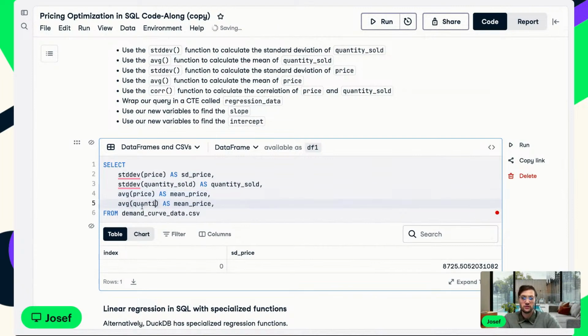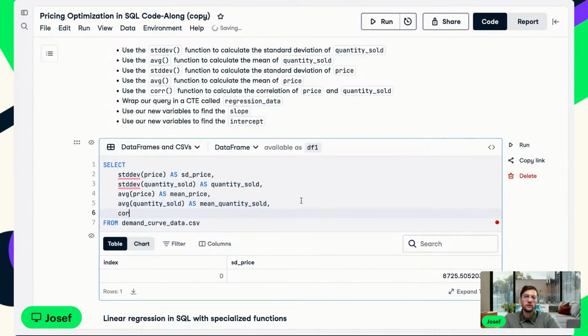Then the mean of quantity sold. And now for the final one, I use CORR for correlation. And here I could do either or. I could do price first and then quantity sold, or quantity sold and then price. It doesn't matter on the order. And I'll save that as correlation.